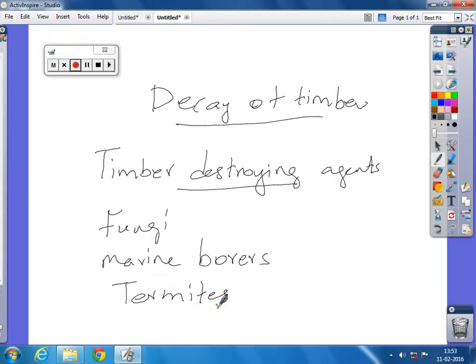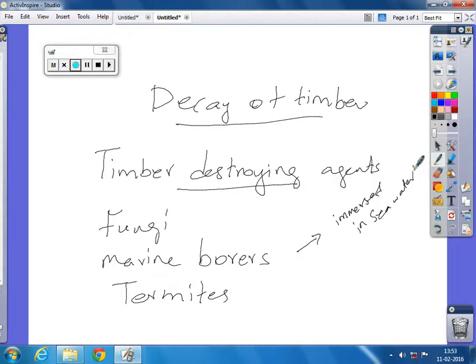So when timbers are immersed in sea water and used for timber structures, there is a destroying agent called marine borers. It destroys the timber. So how does it destroy the timber?